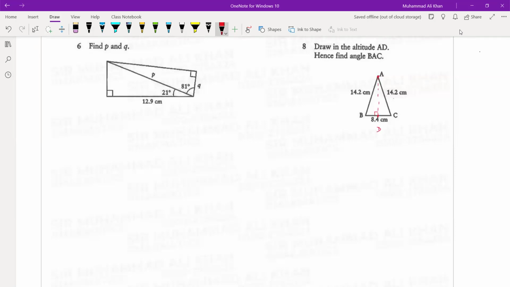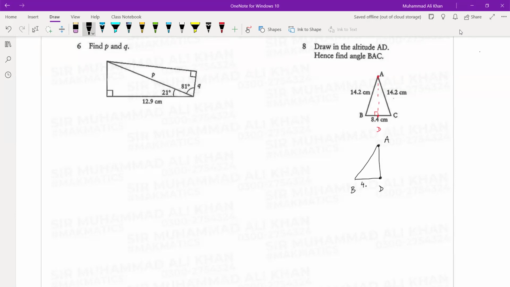It's an isosceles triangle. The left side is 14.2 and the right side is also 14.2. We need to calculate angle BAC, the complete angle A. If we break the triangle, here it is A, here it is D, and here it is B. If we break the triangle like this, what is the length BD? 8.4 divided by 2.